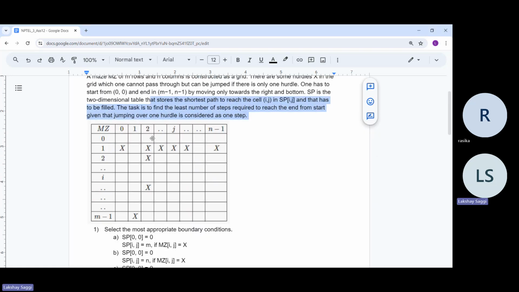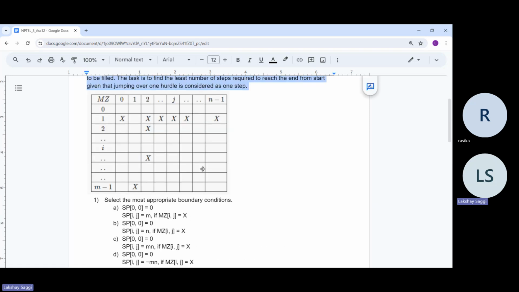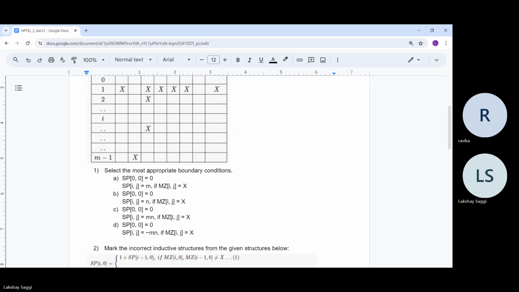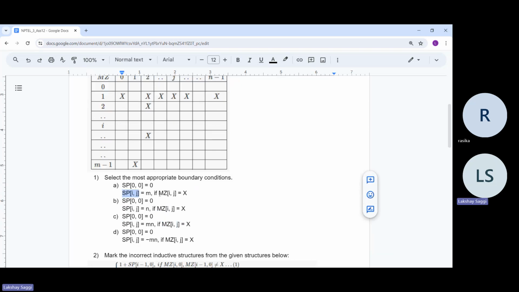Okay, so I think this question is asking something a bit more cleverly. What we want to find out is the value of SP[i][j] when in that (i, j) cell we have a cross.